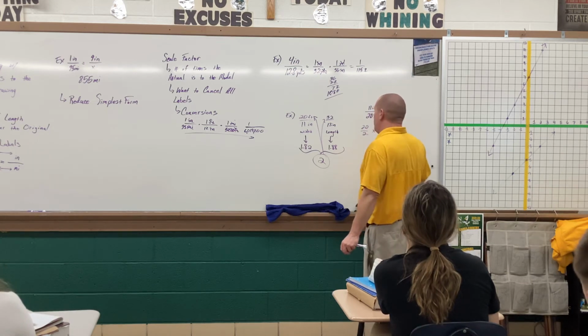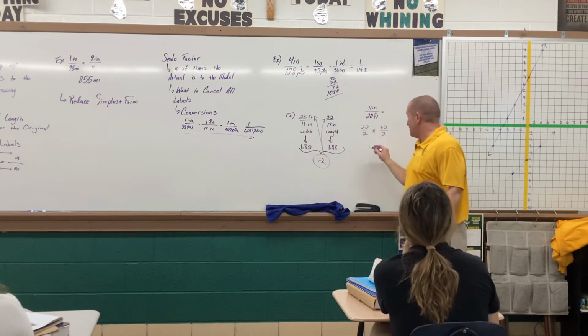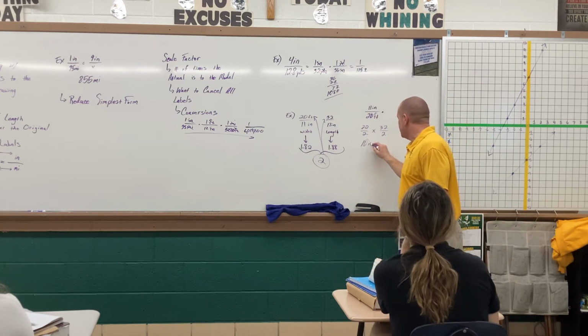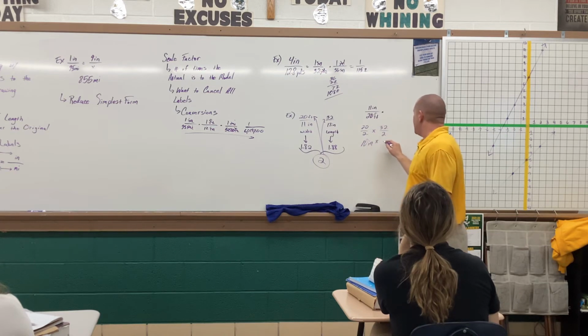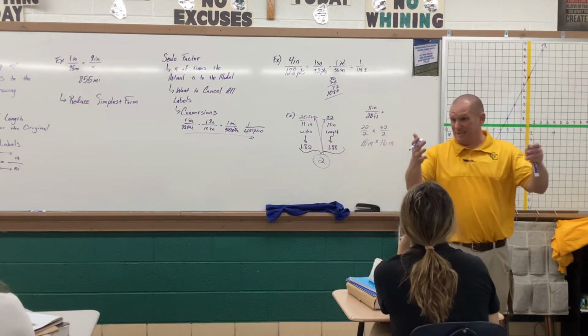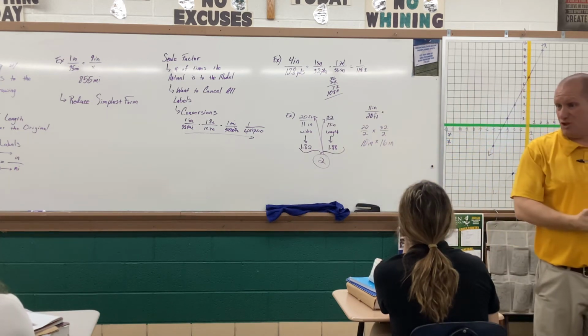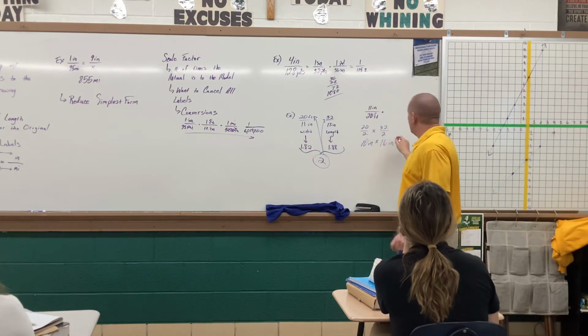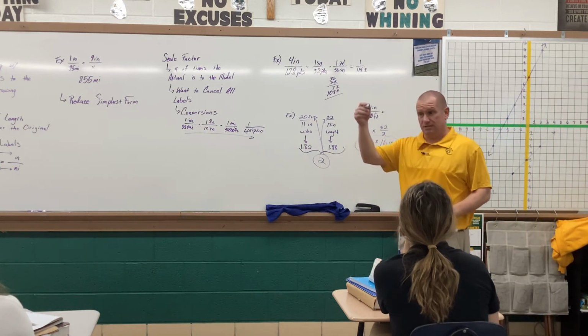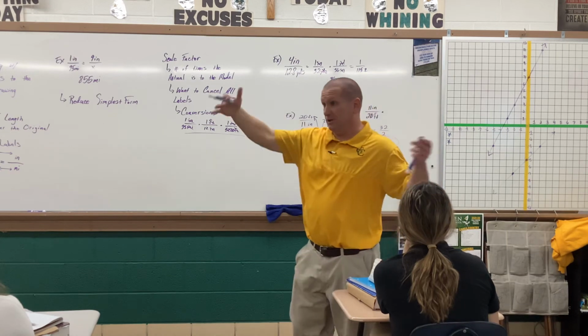So this would be my width, and this would be my length. So 20 divided by 2 gets me 10 inches. 32 divided by 2 gets me 16 inches. And on my piece of paper, I would draw it as 10 inches wide and 16 inches long.